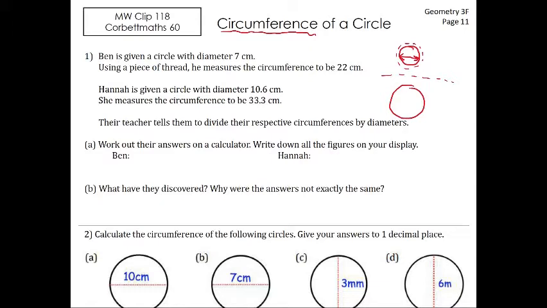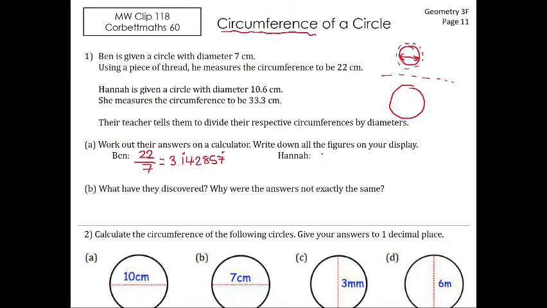So let me just get a calculator up here. Ben's division was 22 divided by 7, and if we do that on a calculator, that gives 3.142857. That's a recurring number, so that pattern will recur.